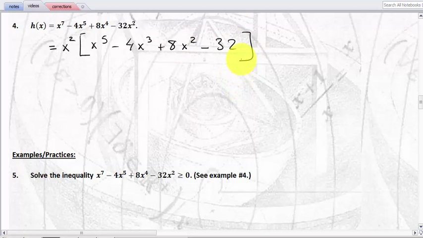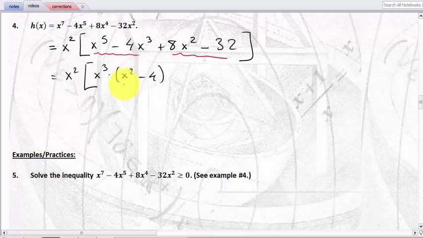I'm looking at the coefficients, and I'm thinking maybe a grouping, right? So let me take x cubed out of that, x cubed times x squared minus 4, plus I'll take an 8 out of that, yeah, that's gonna work very nicely, and you got your x squared minus 4.